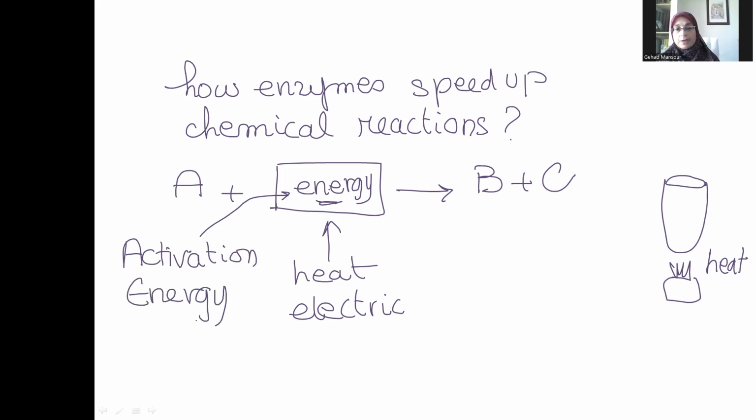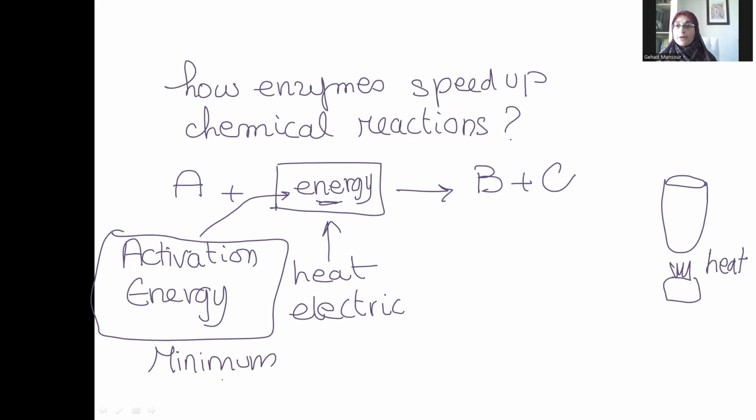The activation energy is the minimum amount. Why do I have to say minimum amount? Because if 10 joules of energy are enough to start the chemical reaction, then definitely 15 would be enough. But maybe if you increase more, the molecules would be damaged by the heat energy. So activation energy is the minimum amount of energy that is required to start the chemical reaction.